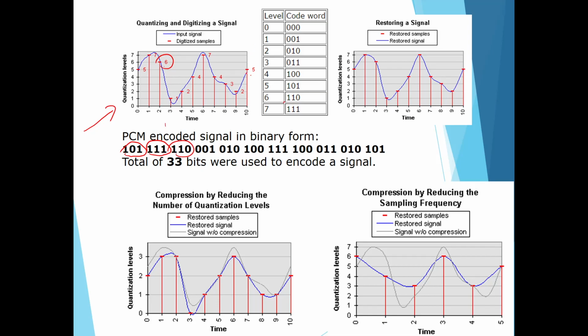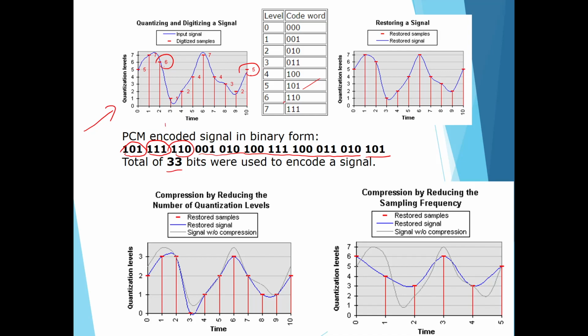The last one would be another 5 volt, and 5 volt is represented as 101. So we have 10 samples over here, which is 30 bits of output. This is the output of the PCM encoder, the output of the encoder.